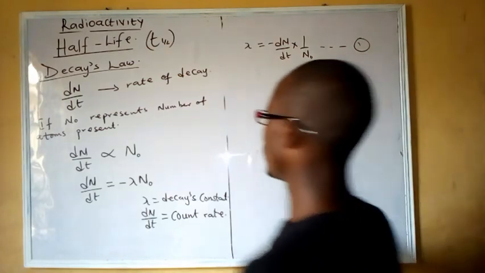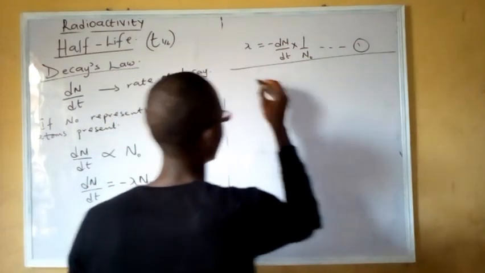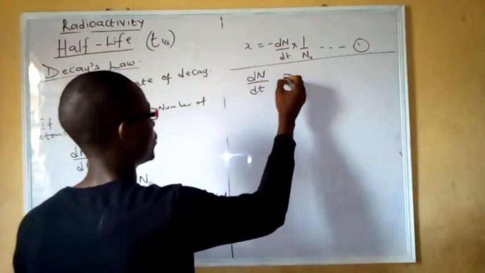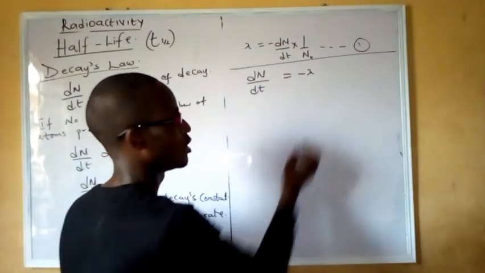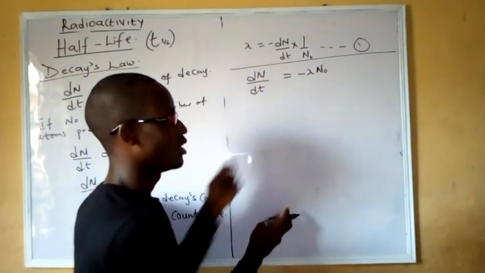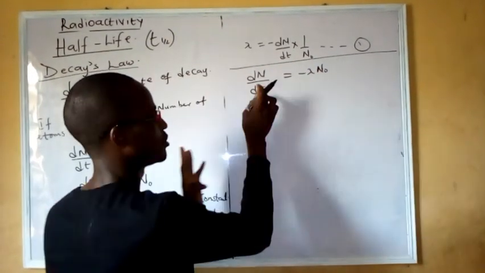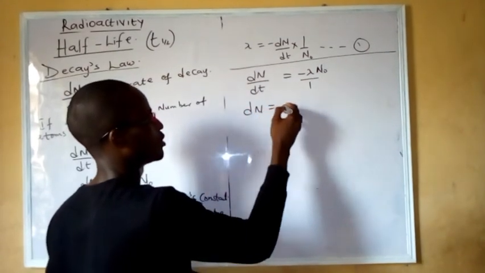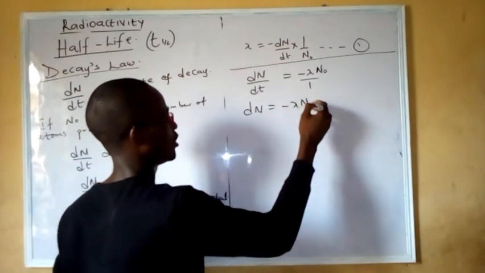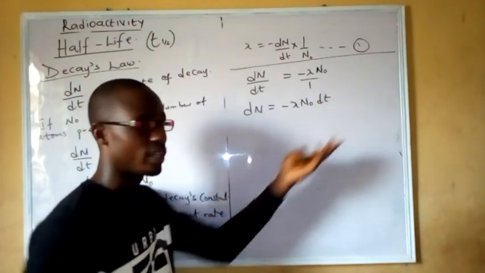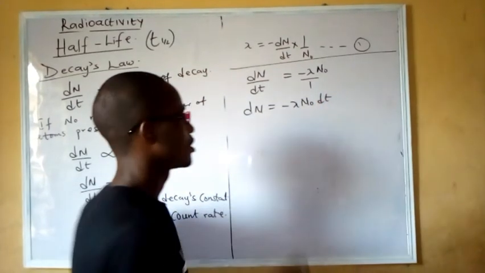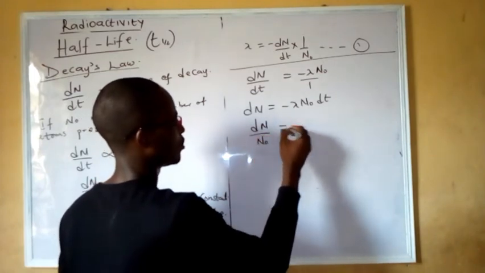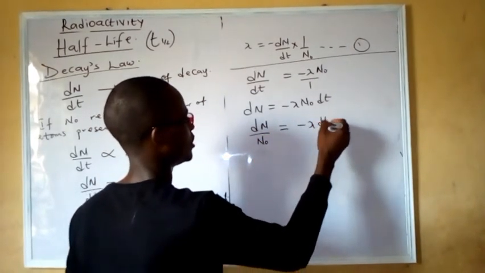So from there, if I have dN/dt equals minus the decay constant times N naught, cross multiplying, we have dN equals minus lambda N naught dt. So dividing both sides by N naught, I'm going to have dN over N naught equals minus lambda dt.